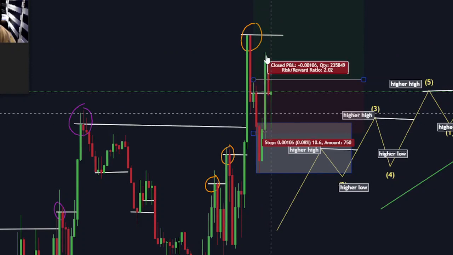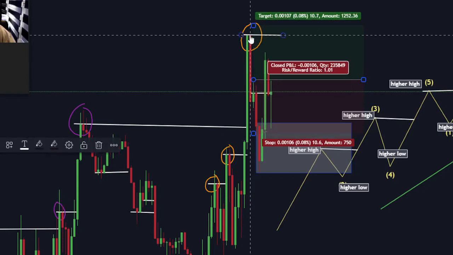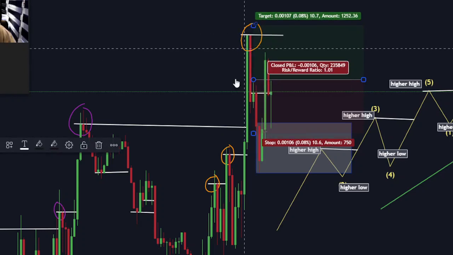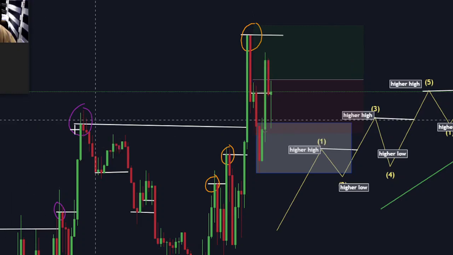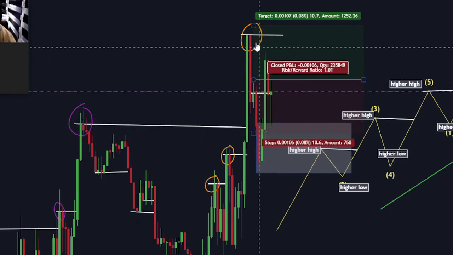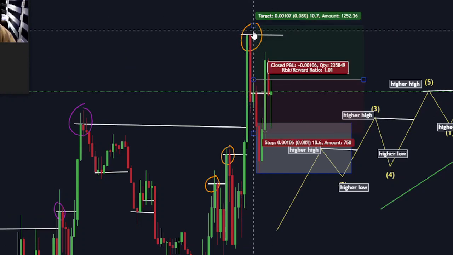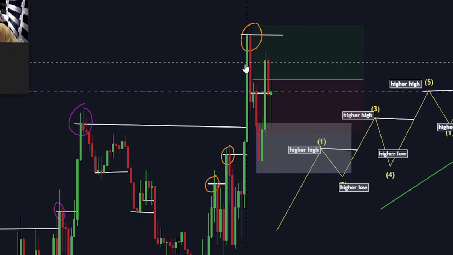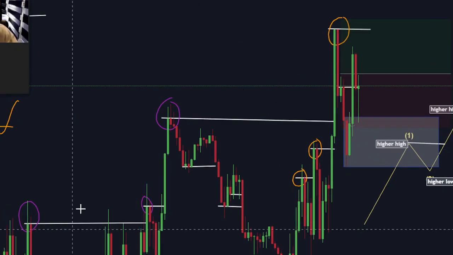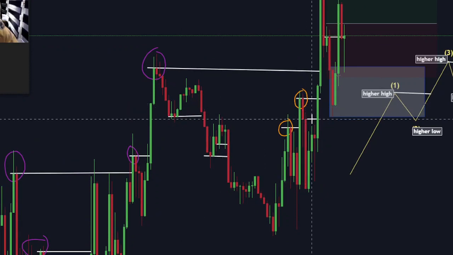So it tapped into our demand, and we should be taking our trade to this high, because the market has been breaking structure to the upside and should keep breaking highs. So our take profit should be around this high, because the market is going up.